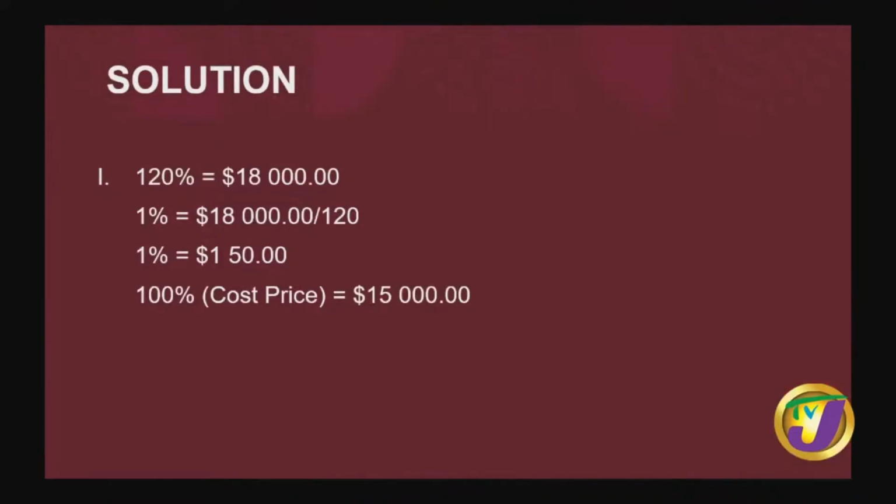All right. So as you stated before, my selling price is inclusive of a 20% profit. So it means that 120% is equal to the selling price, which is $18,000. I now need to find out what 1% is.